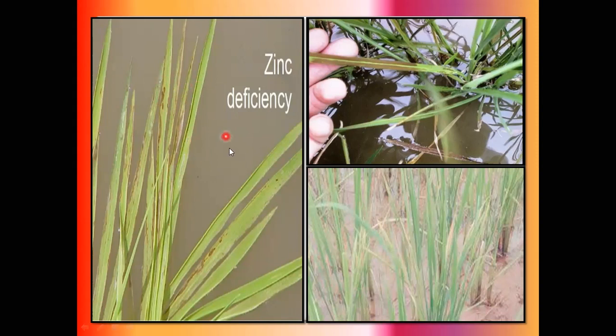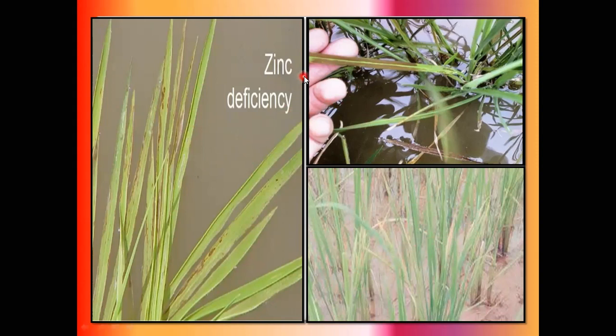But if the deficiency is not severe, the affected plants can recover after 4 to 6 weeks. However, these plants show delayed maturity, that is, grain maturity, and yield is also reduced compared to healthy plants. This is the symptom generally seen due to the disease.